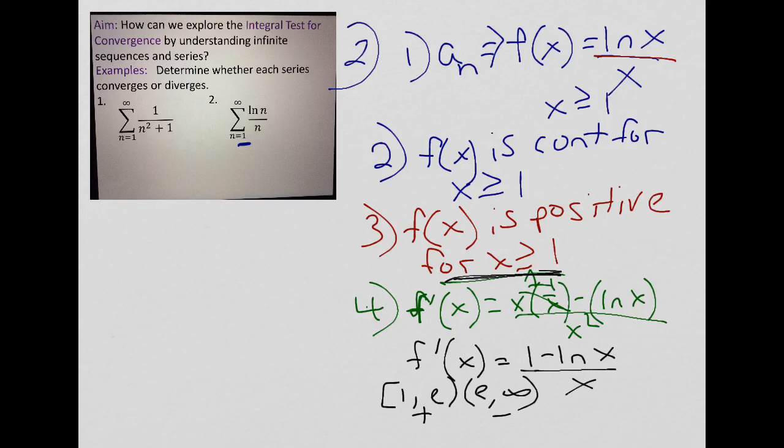So we know that it's decreasing for values of x that are greater than or equal to e, which is within our interval, but we would have to alter that. It should really start at e in order to actually do the integral test for convergence. If you do, though, you're going to find that it diverges anyway.